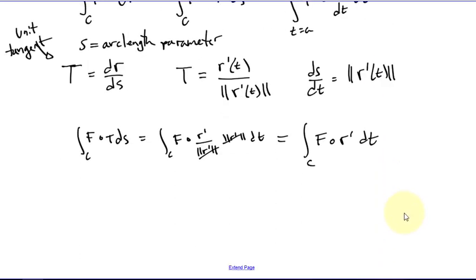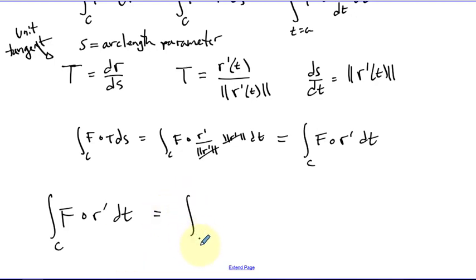Oh, and there's another way in which these things are often written. So let's say you had this integral over some curve C of some force vector F dot the derivative of the position for the path through that vector field, and we're integrating with respect to the parameter that specified that path.